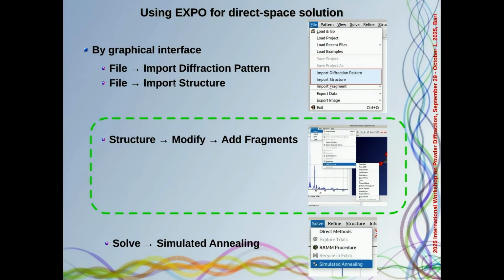Second, you need the starting model, and you can import it from File, Import structure. If your starting model contains many molecular fragments in separate files, you import the first fragment, and then add the other molecular fragments from Structure, Modify, Add fragment. Then you can solve the structure by clicking on Solve, Simulated annealing.